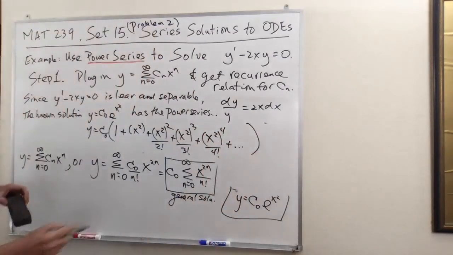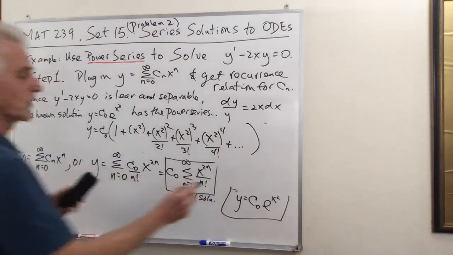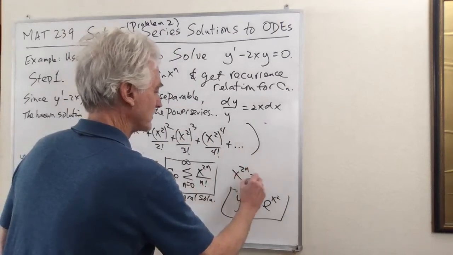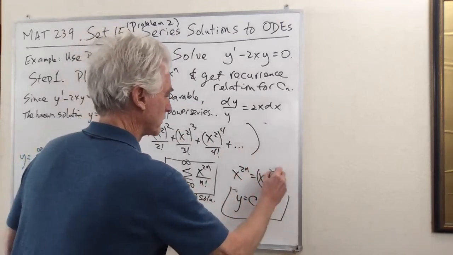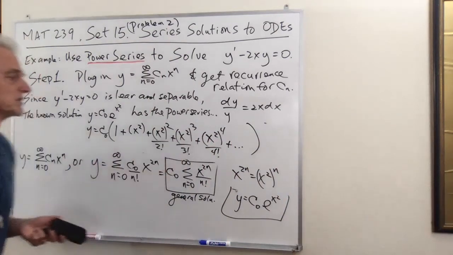And you notice that's exactly what we said there, realizing that x to the 2n is also x squared to the n. So we've reproduced this known solution.